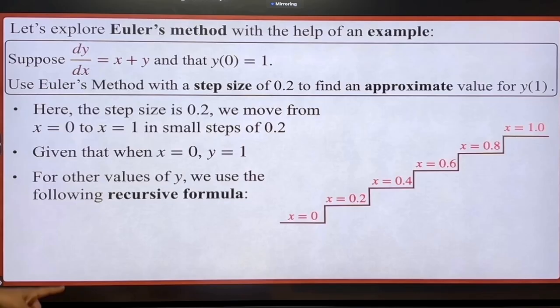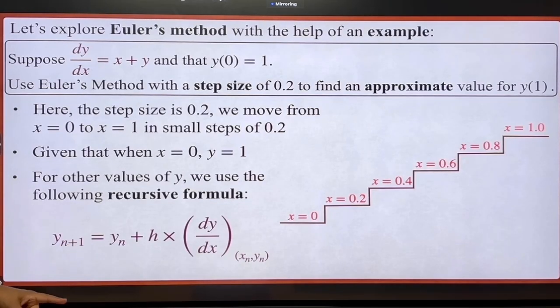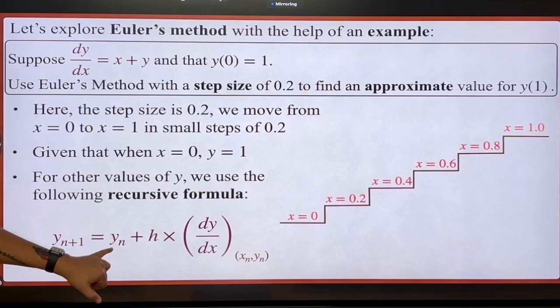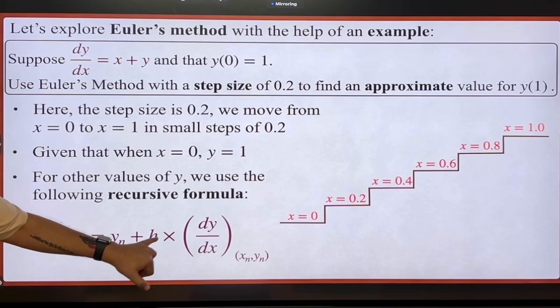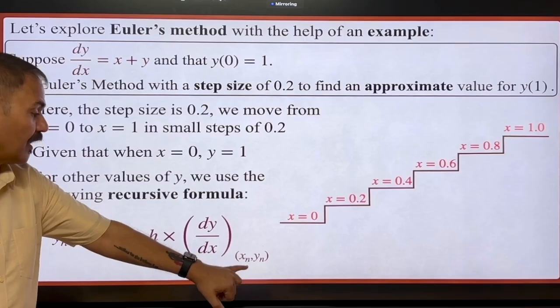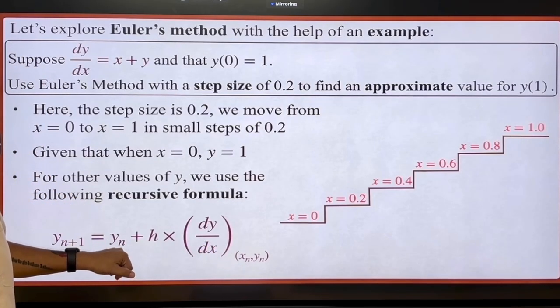For the other values of y, we use this recursive formula. Let's understand this first, then we will work it out. So y(n+1), meaning any value of y, is equal to the previous value of y plus h times dy upon dx at the previous values of x and y.